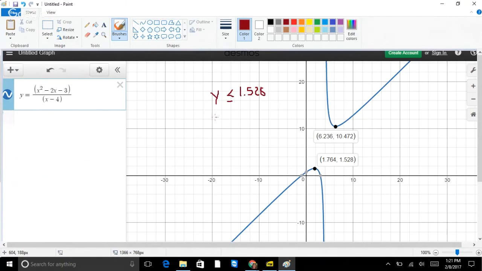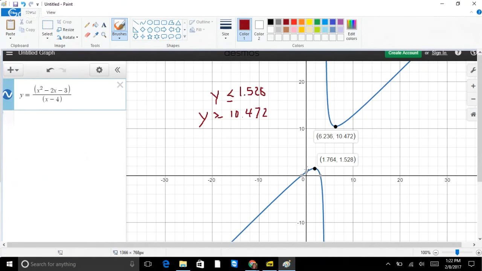And my y can also be greater than or equal to any value that's 10.472. Sorry for the messy greater than or equal to. Right? But my y can't be between those two values. So my y either has to be greater than 10.472 or equal to that, or less than 1.528 or equal to that.